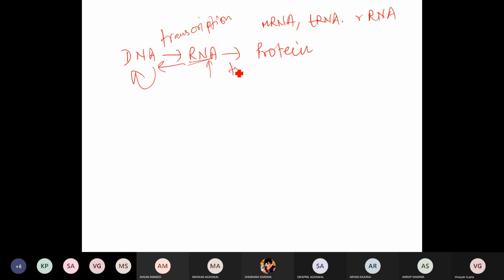And here it is called translation. Sir, following the transcription, the question is what kind of RNA we are going to get from DNA? What are you saying, Aryan? Sir, tRNA.